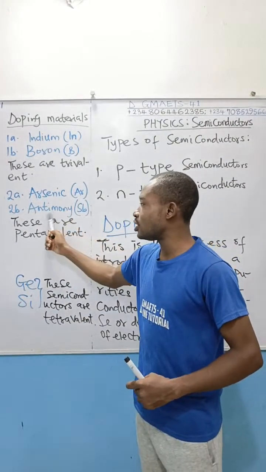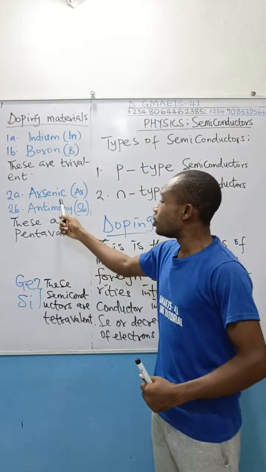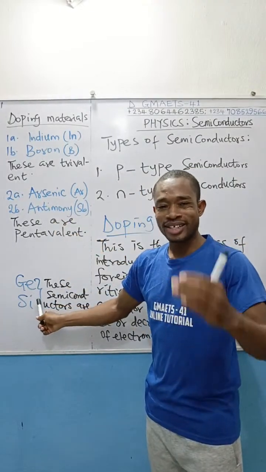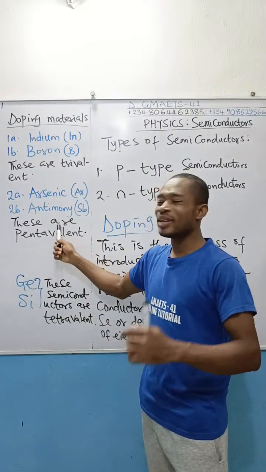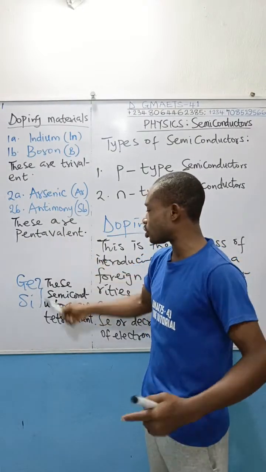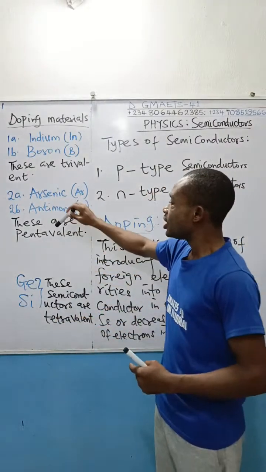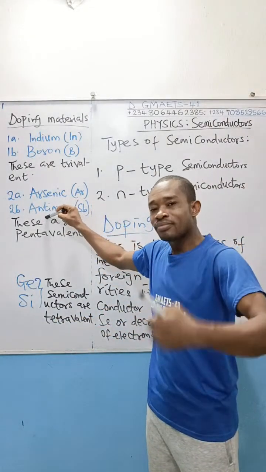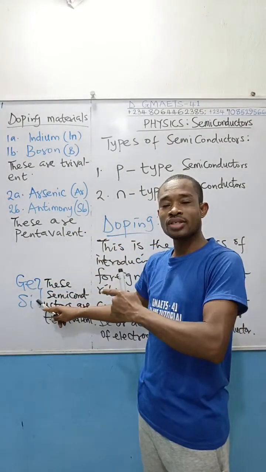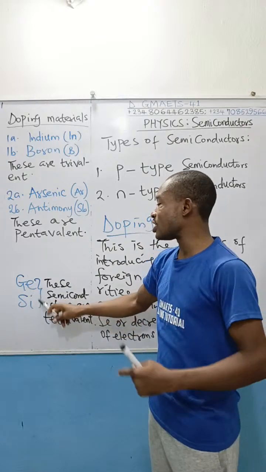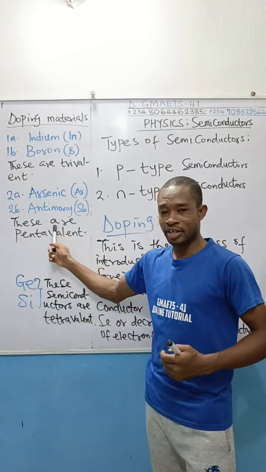Arsenic and antimony are pentavalent doping materials. When you use them to dope a pure semiconductor, germanium or silicon in its pure state, they have more electrons than the semiconductor that is tetravalent. So this guy that has more electrons will now give electron to the semiconductor, which means that the semiconductor will gain electron when you dope it with this pentavalent material.